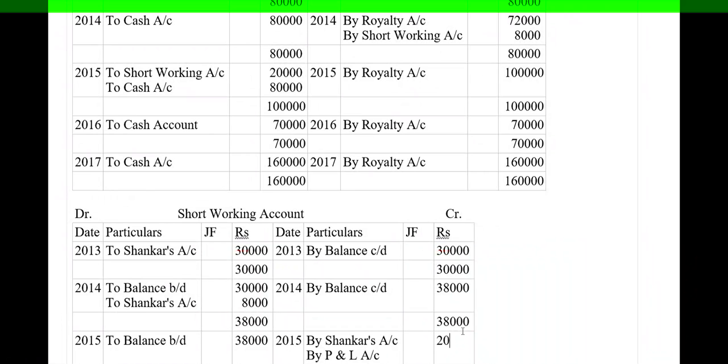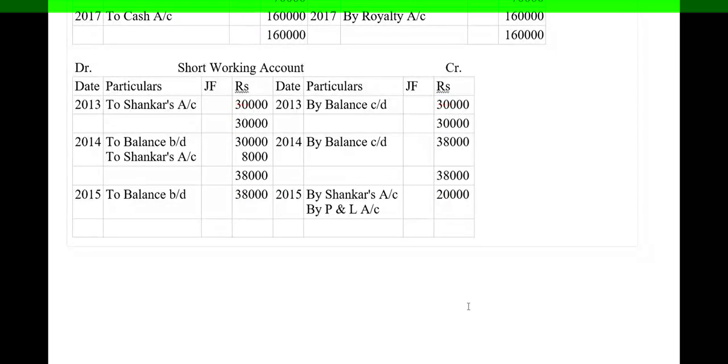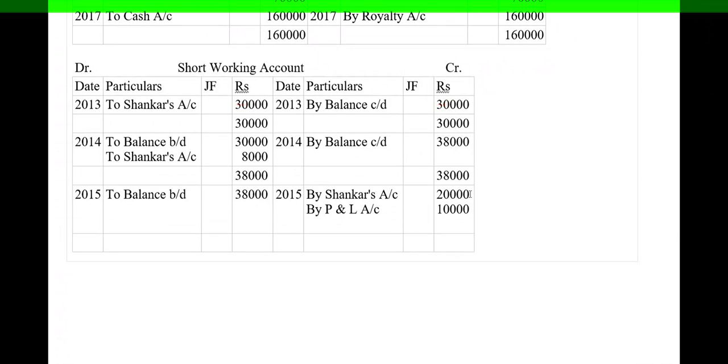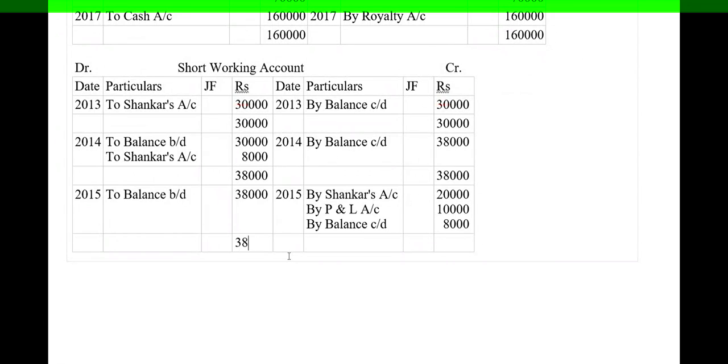So let us write here 20,000. Then there is a recovery of rupees 10,000. So here it is 10,000. Then there is a balance of rupees 8,000. So by balance carried down 8,000. Now let us take the total here. This is 38,000.